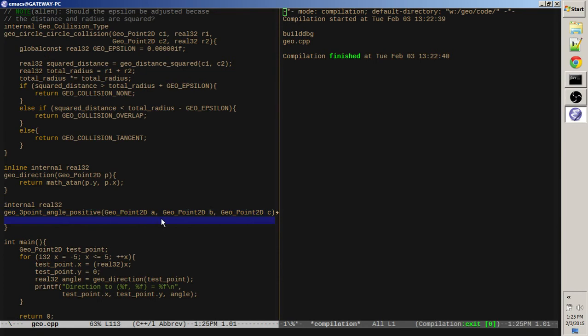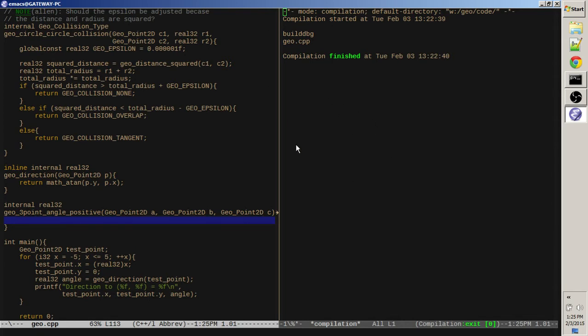So that means it's going to take the angle that you form by going from B to A, it's going to take that direction, and it's going to figure out, rotating around positively, how far it has to rotate to get to this angle. So, say I have the simple case. Say my A is right here, and my C is up here, right? So the positive amount is some amount that's less than a quarter turn.